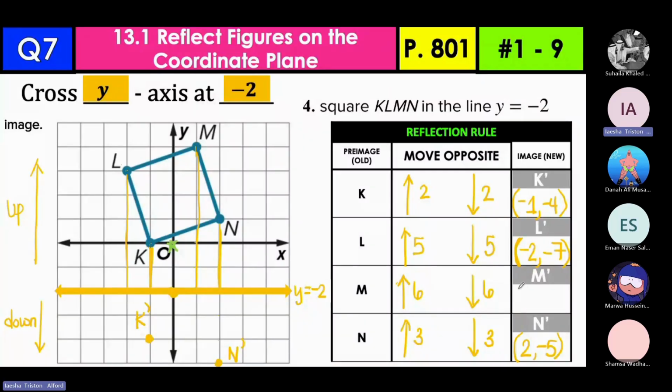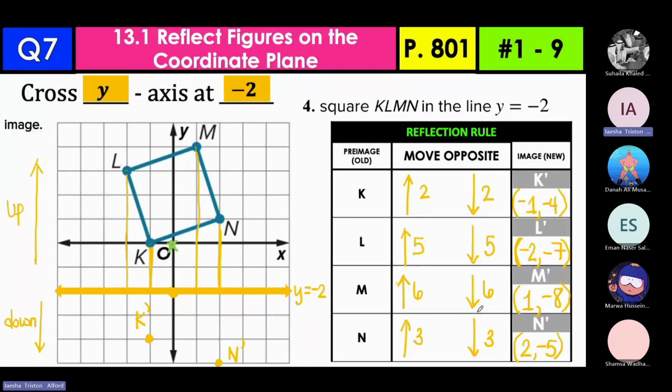So the X number should still be at +1. But from the line, we're going to go 6 down. If we go 6 down from -2, where should we be? -8. So, done.